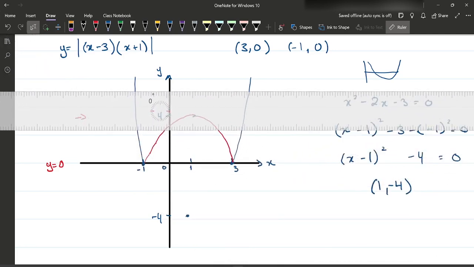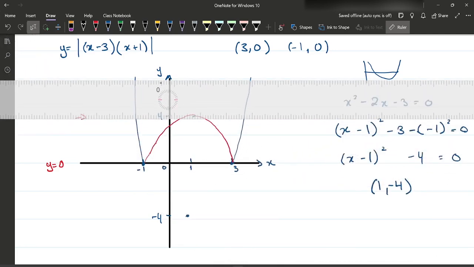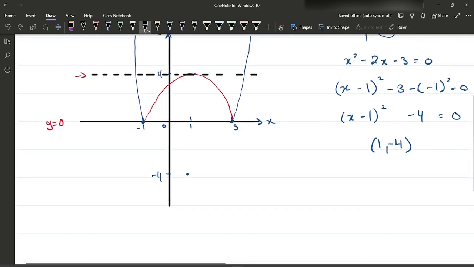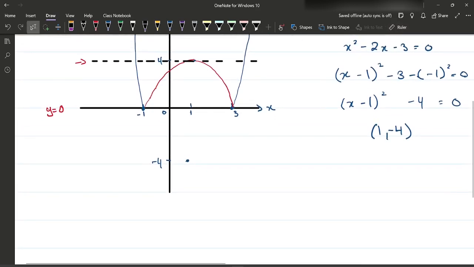Now you can see, let me get a ruler here. You can see that, let's say at y equals 4 here, we have about 3 solutions. You can find these solutions by saying y equals 4, so 4 equals the modulus of (x minus 3)(x plus 1).